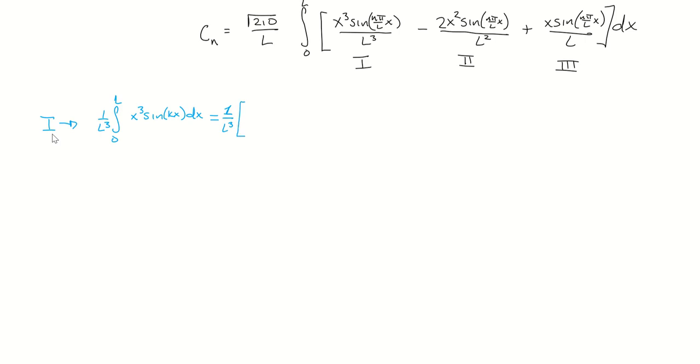If you look up x cubed sine kx, where k is some constant, it ends up being equal to 3x squared over k squared minus 6 over k to the fourth, times sine kx, plus 6x over k cubed minus x cubed over k, times cosine kx.